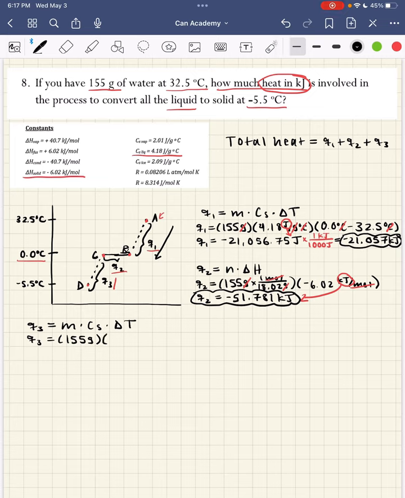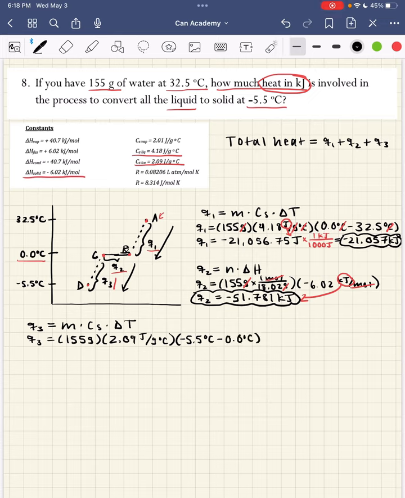Our specific heat, however, is going to change because now instead of a liquid, we have ice. So we're going to use C_s of ice, which is 2.09 joules per gram degrees Celsius. Our delta T is also going to change because we're going from C to D. So our final temperature is negative 5.5 degrees Celsius, and our initial temperature is 0.0 degrees Celsius.